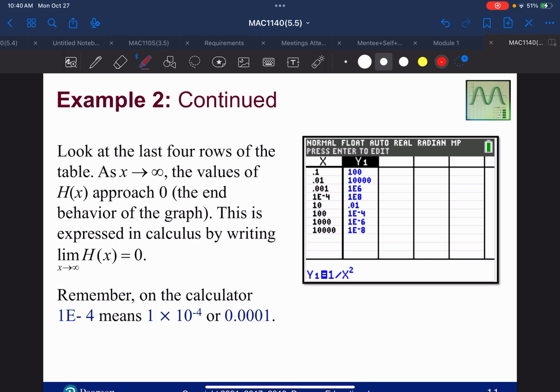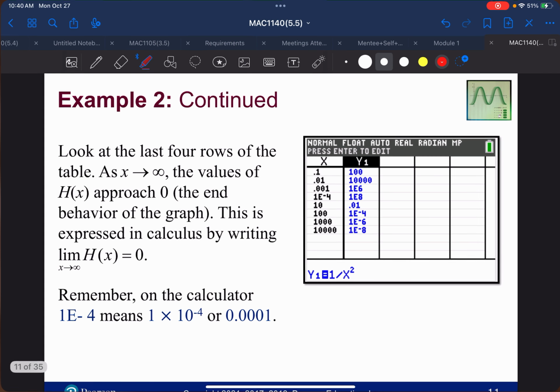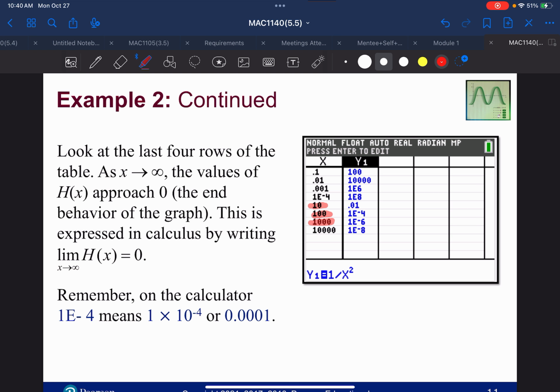Okay, but let's talk about it. So as x is approaching infinity, now we're looking at these values. I'm putting in values of x getting larger. So 10, 100, and then 10,000. And we look at the output. At x is 10, I got 0.01 as an output.